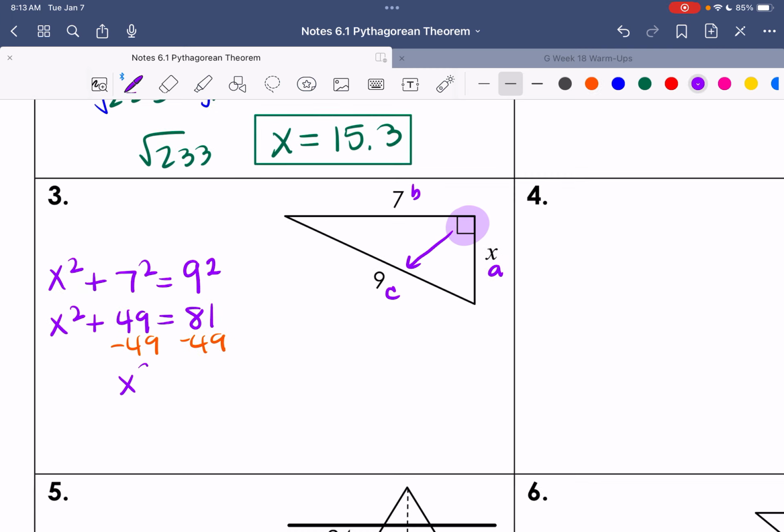So then now I get x squared equals 32. And then we're going to take the square root of both sides. X equals, if you type it into the calculator, it's going to tell you 4 square root 2, which is not wrong, but we want the decimal approximation. So Control Enter, 5.7.